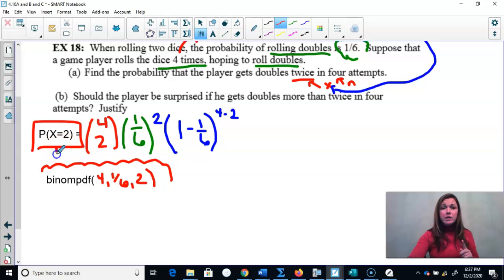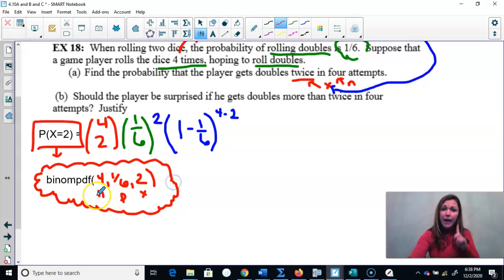But then you need to write out Binompdf 4, 1/6, 2, and then put N below it, P below it, X below it. That's showing work. Typically, they don't like calculator speak for the College Board, but this time they're okay with it as long as you put that NPX.